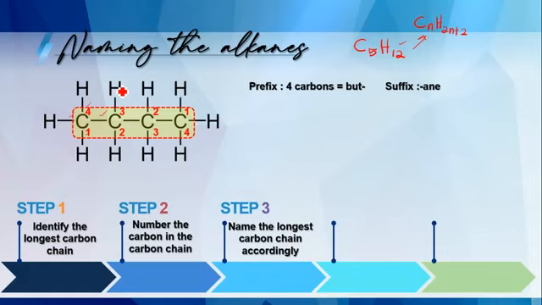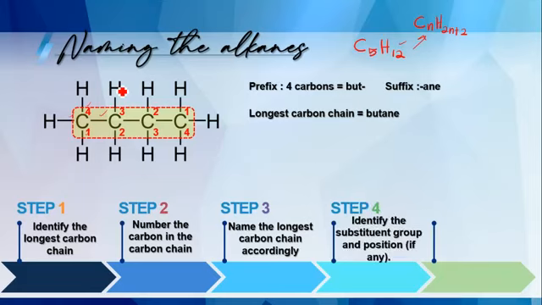Because this compound you identified earlier belongs to alkane, the suffix or the ending of the name must end with "ane", which is A and E, indicating that it's actually alkane. So the longest carbon chain name is butane, which is the combination of the prefix and suffix. Step number 4, identify the substituent group and position.